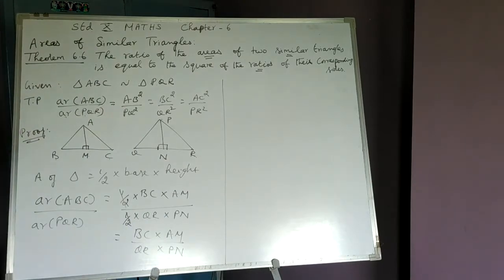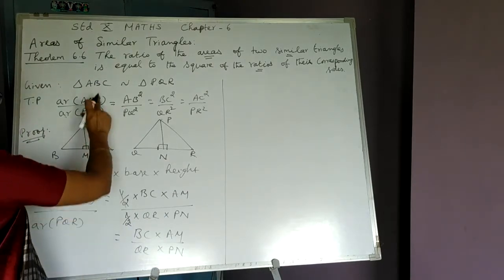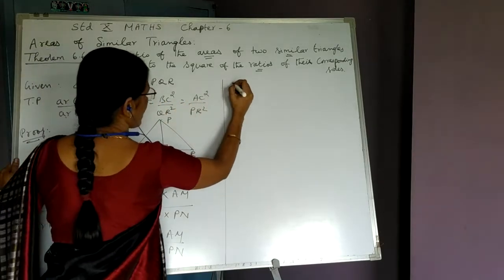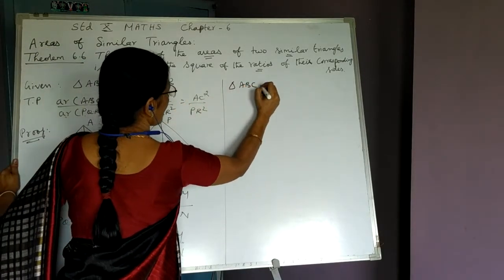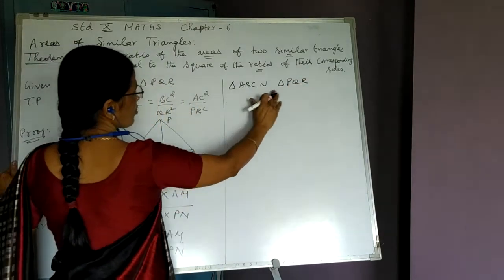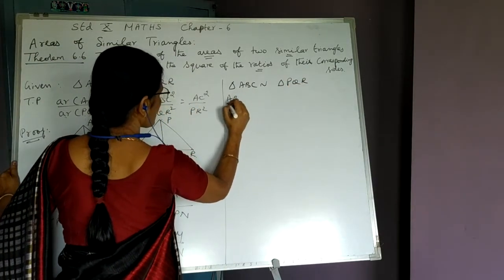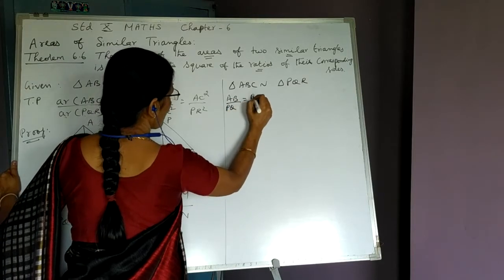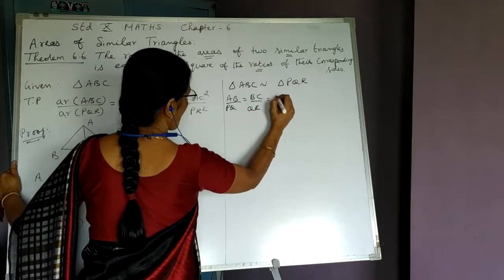Now we proceed with what is given in the question. What we are given? Triangle ABC is similar to triangle PQR. We know when two triangles are similar, corresponding sides are proportional and corresponding angles are equal.